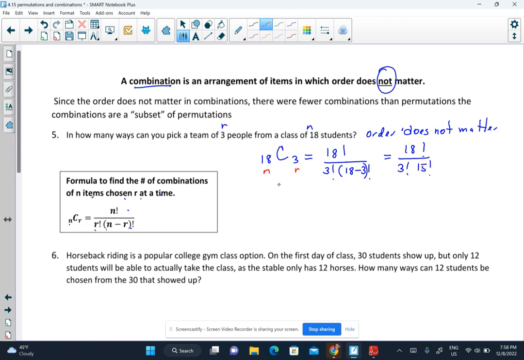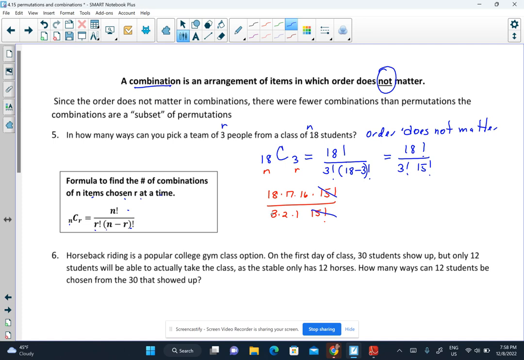And years ago when we did this by hand, what I would do is go 18 times 17 times 16 times 15 factorial over 3 factorial, which is 3 times 2 times 1. And then I would just rewrite the 15 factorial. This is what I did growing up because we didn't have fancy calculators.